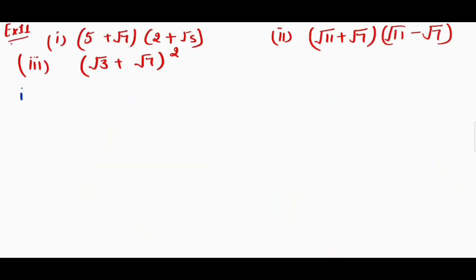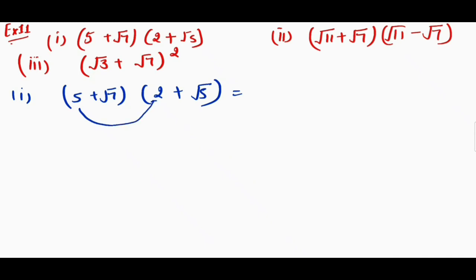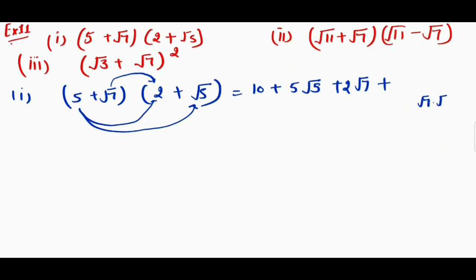So first question here is (5 plus square root of 7) into (2 plus square root of 5). So here I will use this identity, means I will multiply separately all the numbers. 5 with 2 I will get 10, and then 5 with square root of 5, plus next I will multiply square root of 7 with 2, I will get 2 square root of 7, plus square root of 7 multiplied by square root of 5.